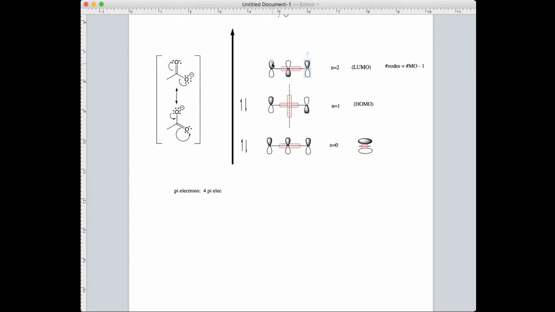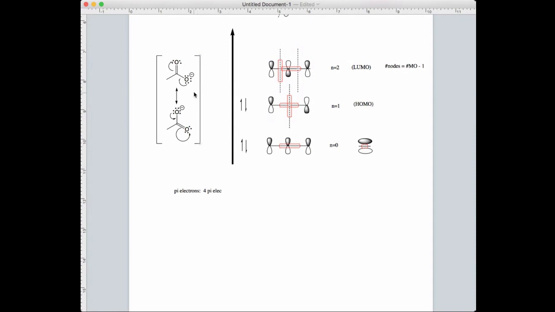So one disruptive interaction here and one over here, 2. One nodal plane here, one nodal plane over here. So as I said before, this is the molecular orbital diagram for any system having 3 sp2 atoms next to one another.